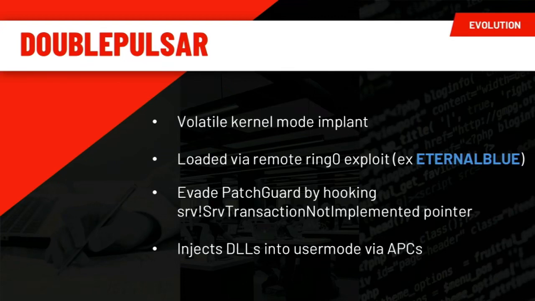At the time, PatchGuard didn't care about this function pointer, wasn't checking it, so it was able to evade that. When you connect into DoublePulsar, you can give it more kernel code to execute, but more typically you pass it a user mode module that then gets injected and has a fully featured implant. It became pretty widespread after the code for DoublePulsar was leaked, so it's been picked up by other adversaries and used, for example, in the WannaCry attacks.